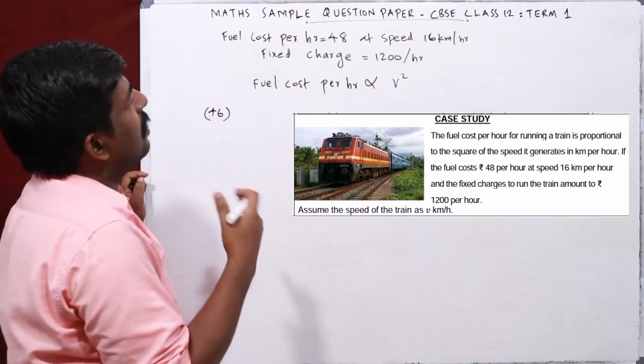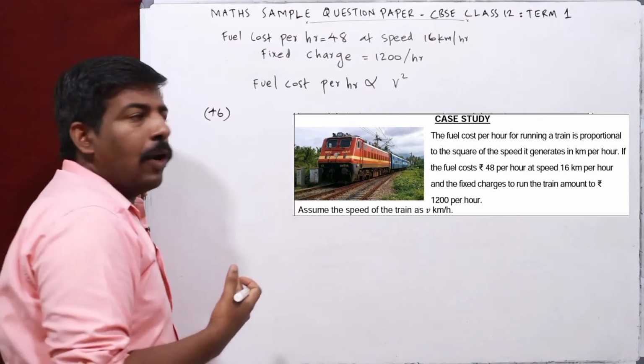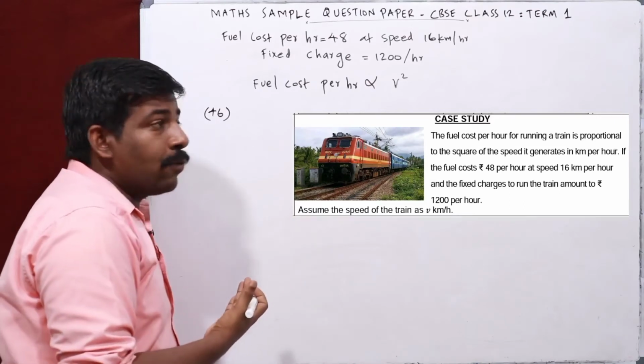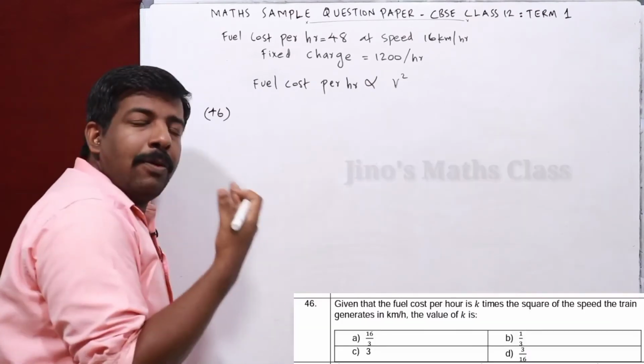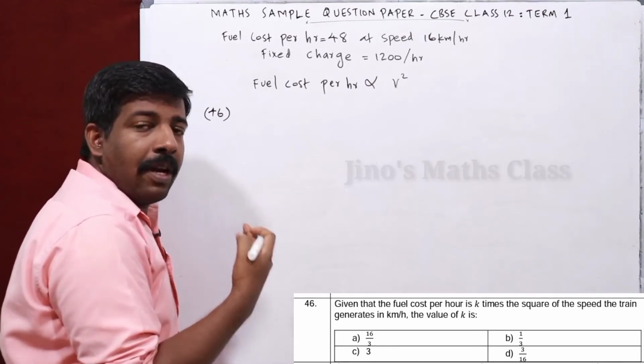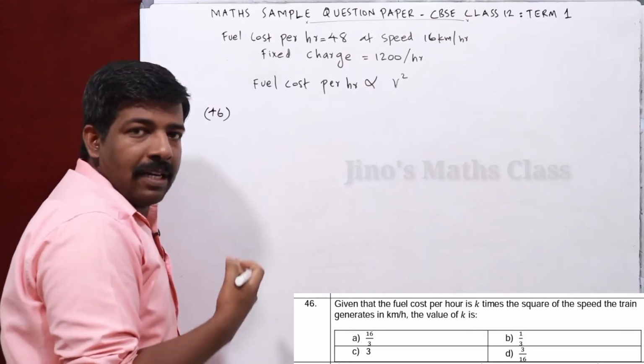And they are saying that the cost per hour is rupees 48 at the speed of 16 km per hour, and there is a fixed charge of rupees 1200 per hour. And in question number 46 they are saying that fuel cost per hour is k times the square of the speed.